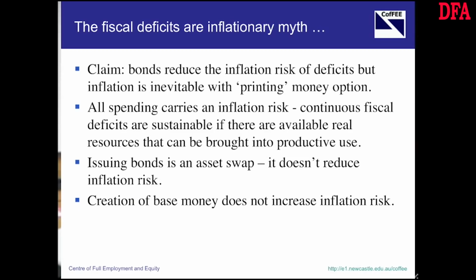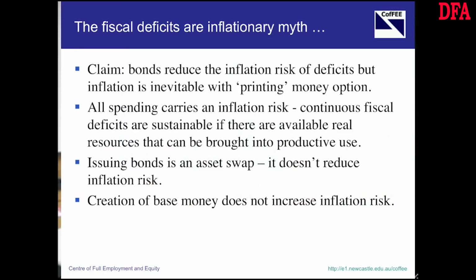And the general idea is that if the growth in spending outstrips the capacity of the economy to respond to that growth by producing real goods and services, things, you know, cars and computers and stuff, then you'll get inflation. But if the growth in spending remains proportional with the capacity of the economy to respond by producing real goods and services, you won't get inflation.